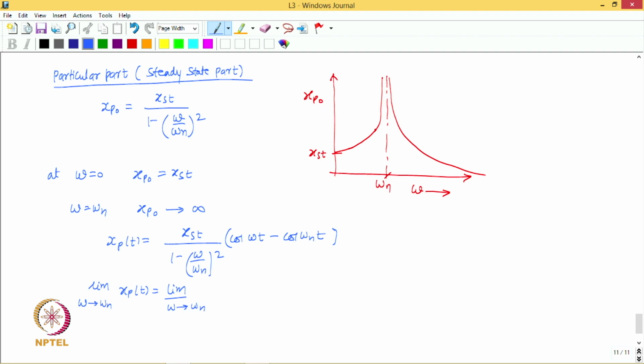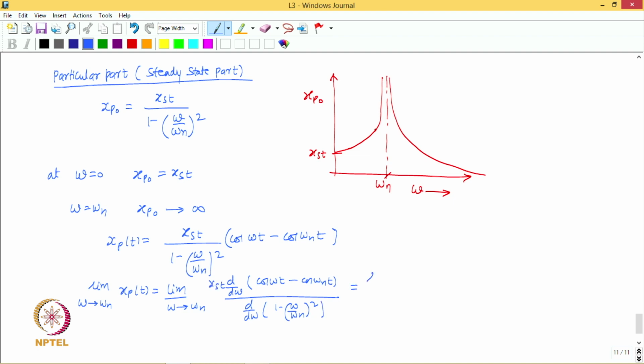We see that the numerator and denominator both would become 0, and hence we can use L'Hospital's rule. So we take the derivative of cos omega t minus cos omega n t with respect to omega, and then we also take the derivative of the denominator, which is 1 minus omega upon omega n square. Of course, we also have x static here.